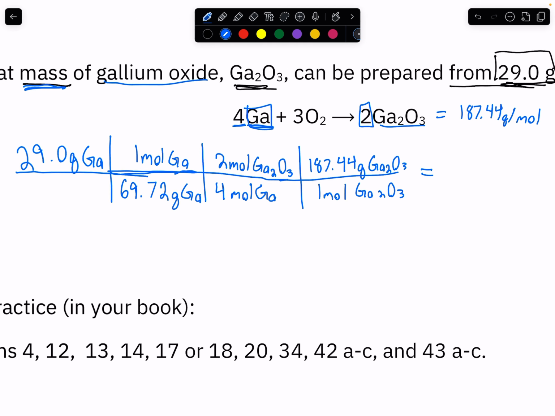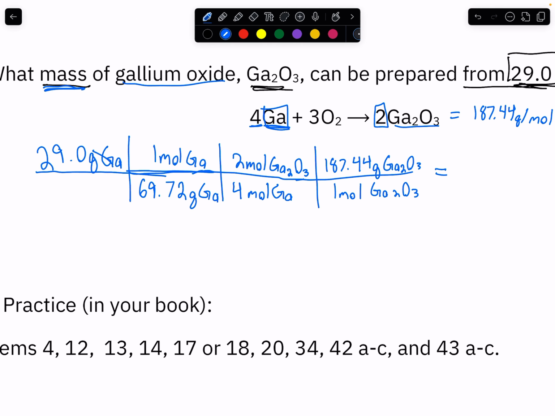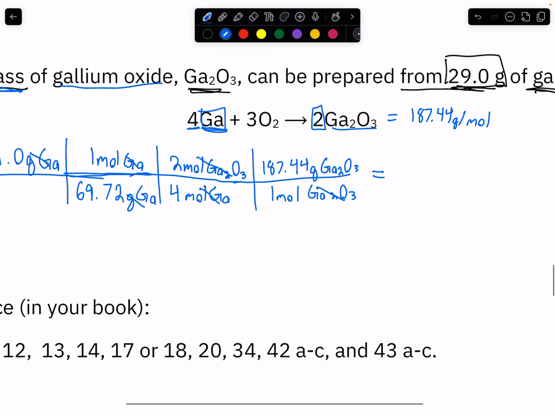And at that point, you've done your grams of gallium, done your moles of gallium, done your moles of gallium oxide, and now you're left with the mass of gallium oxide you're supposed to get.